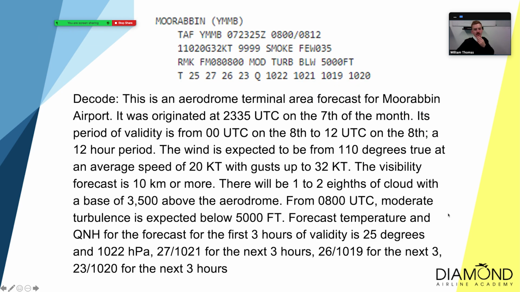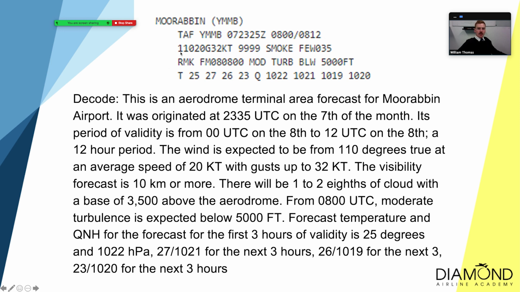All right, let's have a look at this TAF. I'll go through it and you guys can read through and follow along with me. Terminal area forecast for Moorabbin. Issued on the 7th day of the month at 23:25 Zulu. Valid between 8th day of the month, midnight Zulu, and 8th day of the month, 1200 Zulu.